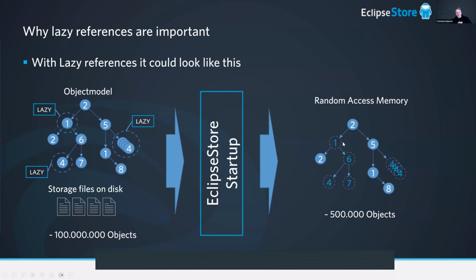After that, when you start up the application, it looks like this. You will only get access to part of it, and actually this is wrong, because the 2 here is also lazy. I have to correct that. That's also lazy. So everything below that lazy reference stays on the hard disk, and this enables you to create certain steps within your graph, and you can always move a step further.